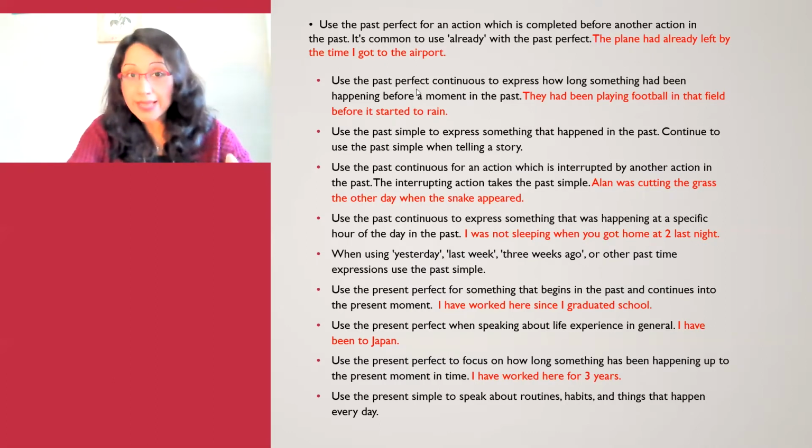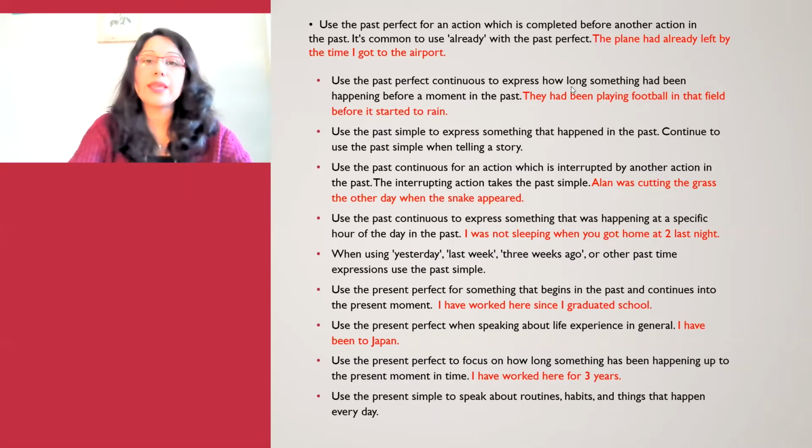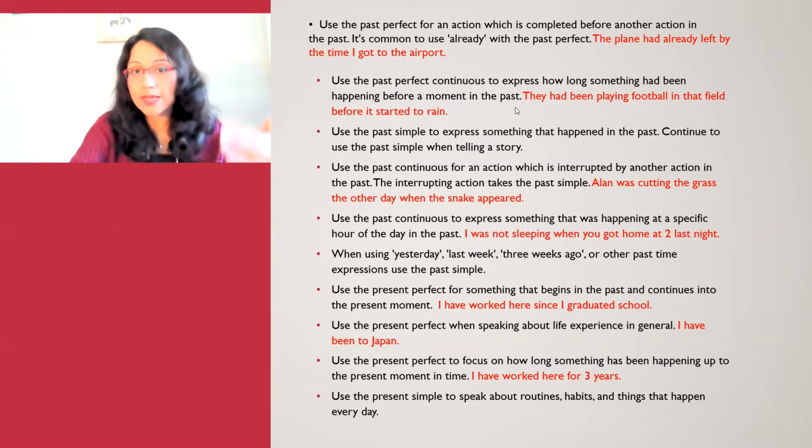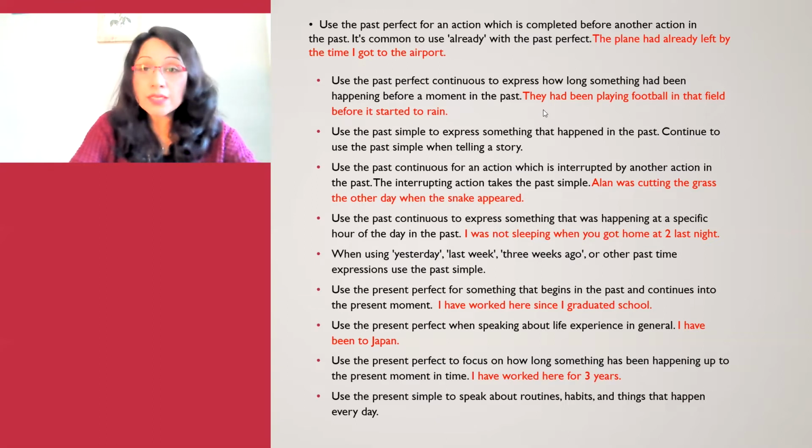Moving on to the next tip: use the past perfect continuous to express how long something had been happening before a moment in the past. All past tenses are going to be talking about past time, but with the past perfect continuous, you use this to express how long something had been happening.